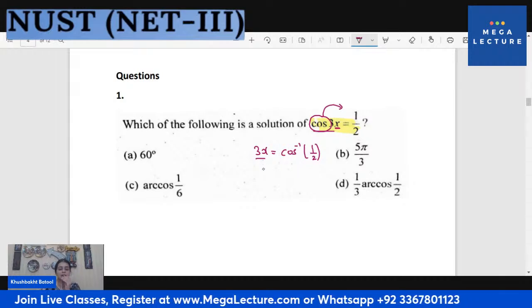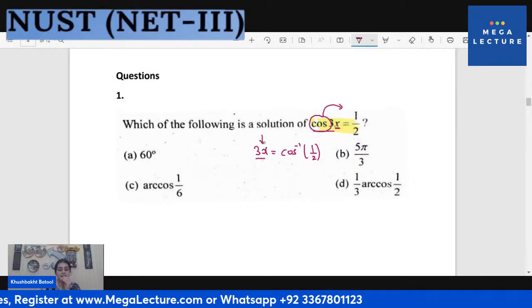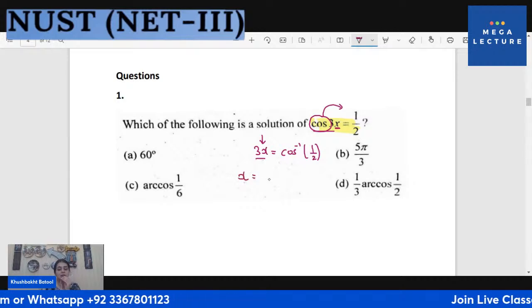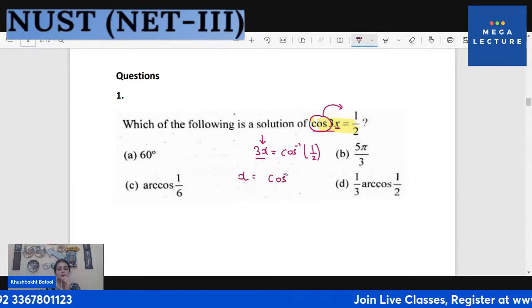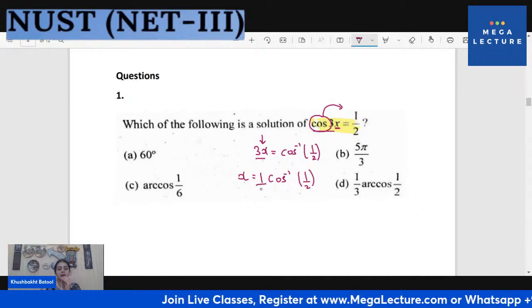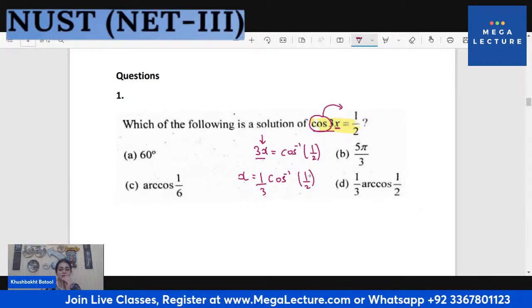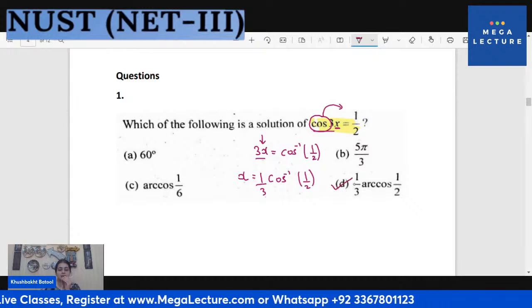Still, we did not get the value of x. We need to make x the subject. It is being multiplied right now. I need to divide by 3 on both sides. So it would give me cos inverse 1 by 2 divided by 3, and this would be the answer. So it is option D.